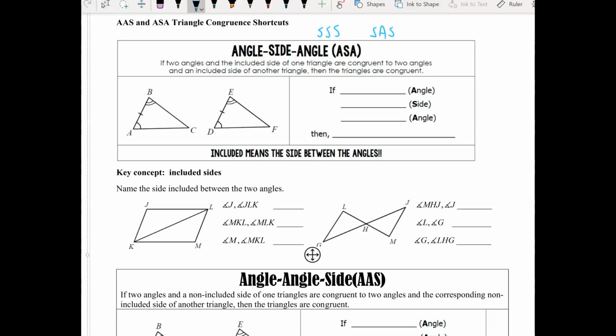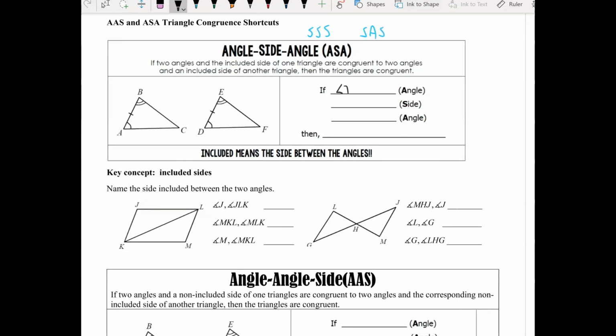So in other words, over here, if angle A is congruent to angle D, and the side AB is congruent to the side DE, and the third angle, angle B, is congruent to angle E, then the triangles are congruent.